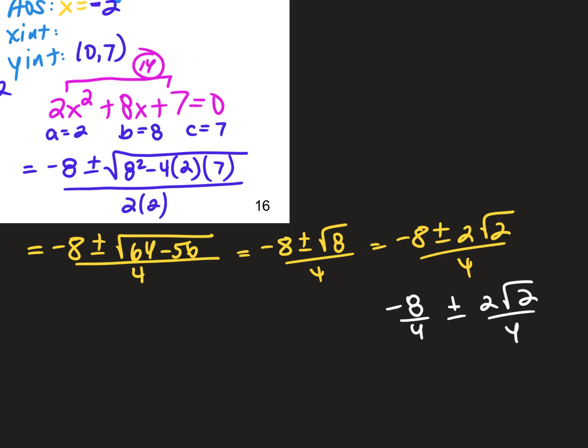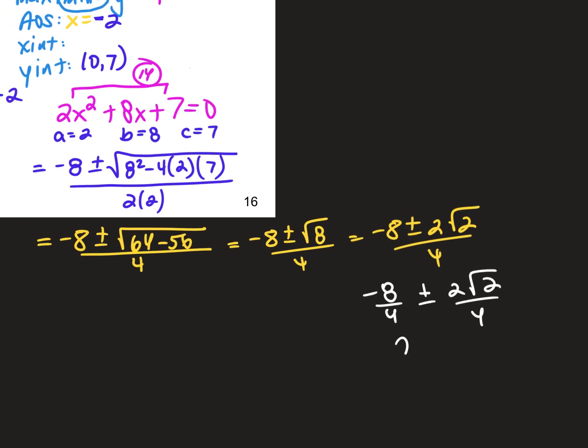What is negative 8 divided by 4? Negative 2 plus or minus, what happens here? So it becomes like this. You can't just cross this out and make this a negative 2. Those two things aren't the same thing. Be careful with that. That's not mathematically correct.